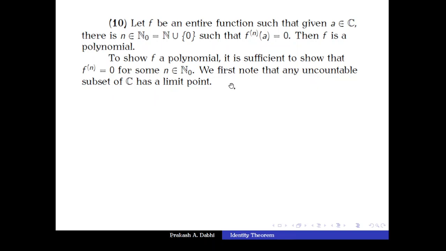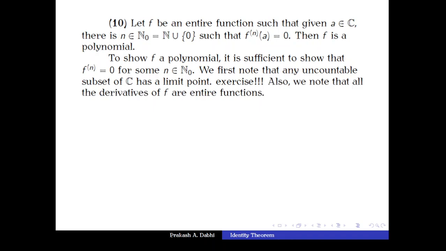We first note that any uncountable subset of C has a limit point, and this you can do as an exercise. Another exercise you can do is that all the derivatives of f are entire functions. How? In fact, you can use Cauchy integral formula, which says that any derivative of an analytic function is an analytic function.